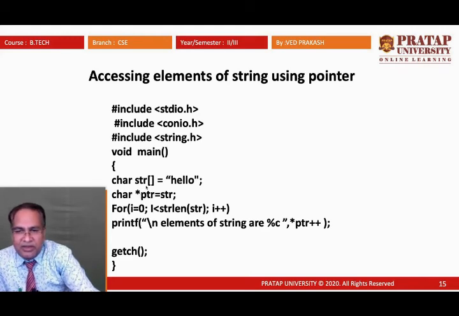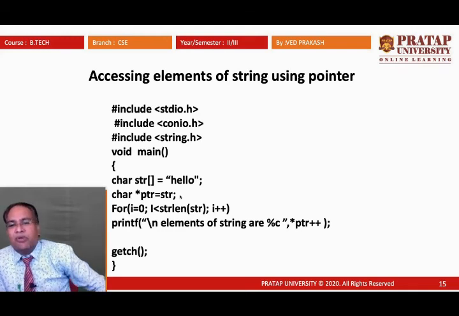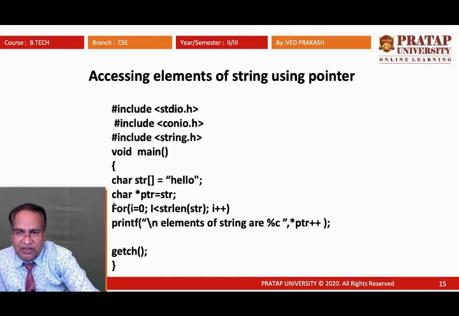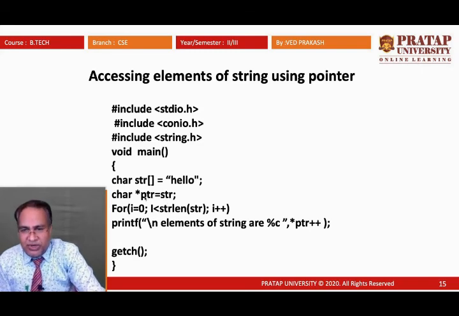Now when we declare any pointer, after declaring I have to initialize the pointer. Otherwise, by default, if I am not initializing the pointer, it will hold a garbage value. So it is necessary that when we declare the pointer we should initialize it. So using this ptr pointer, I initialize ptr to str.